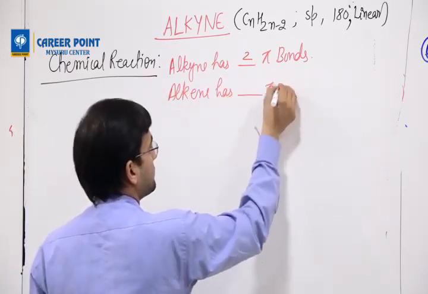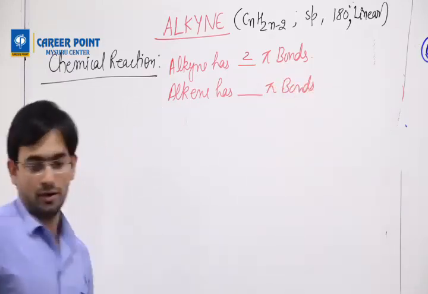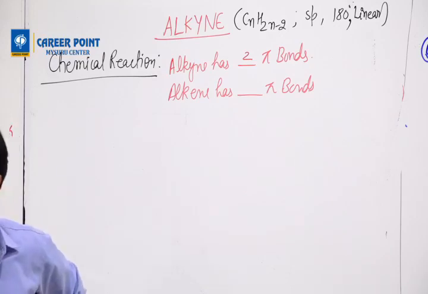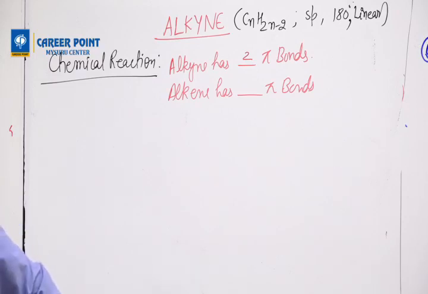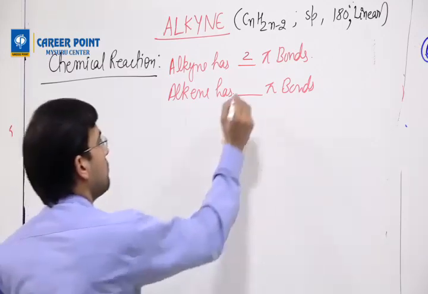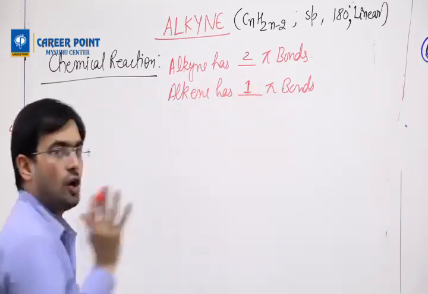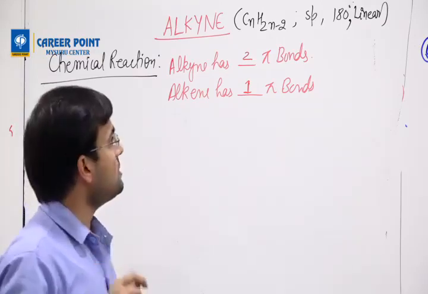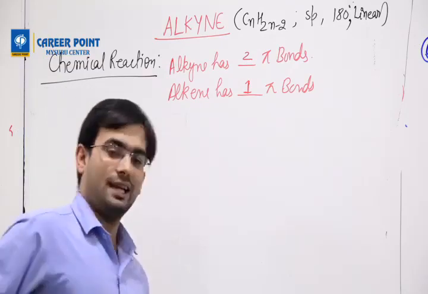Alkene has pi bond. So 1. Now with this observation, I can say that alkyne has double the number of pi bonds than alkene.